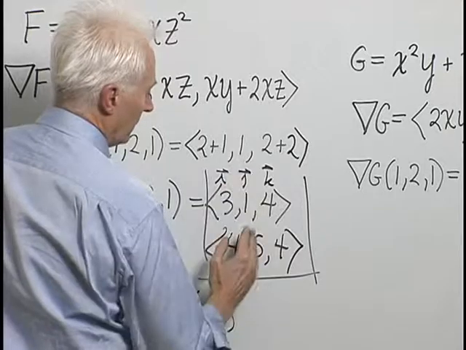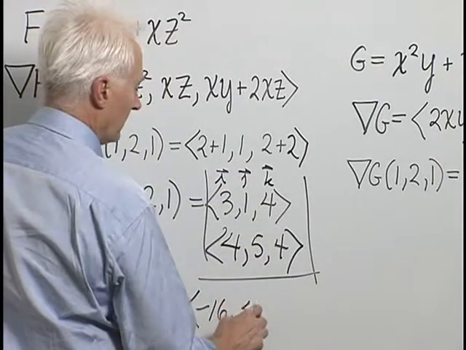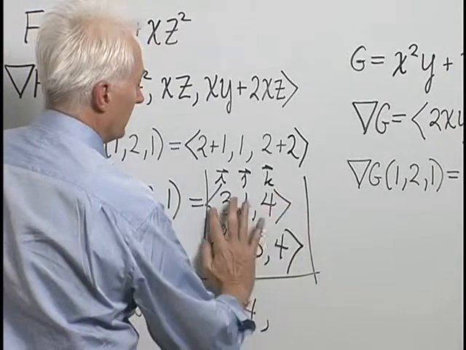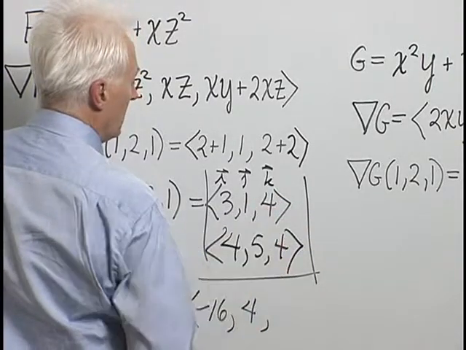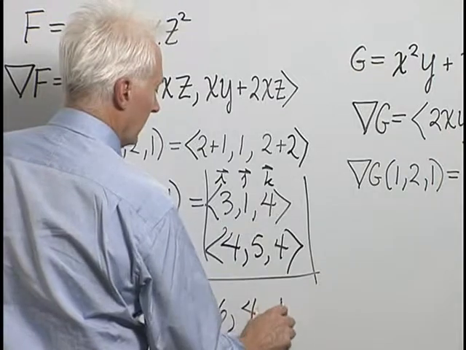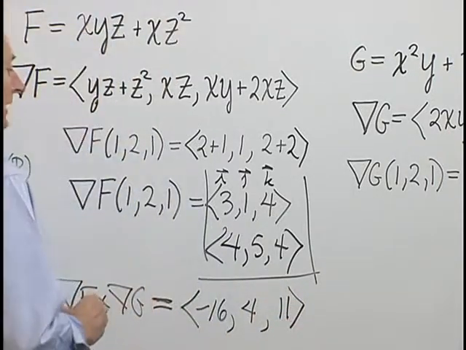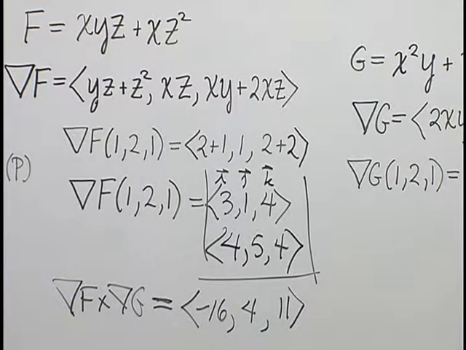But remember, for the middle one, we have to reverse the sign, so it becomes plus 4. For the last one, the determinant is 3 times 5 is 15, minus 4 is 11. So the tangent vector we get is (-16, 4, 11).